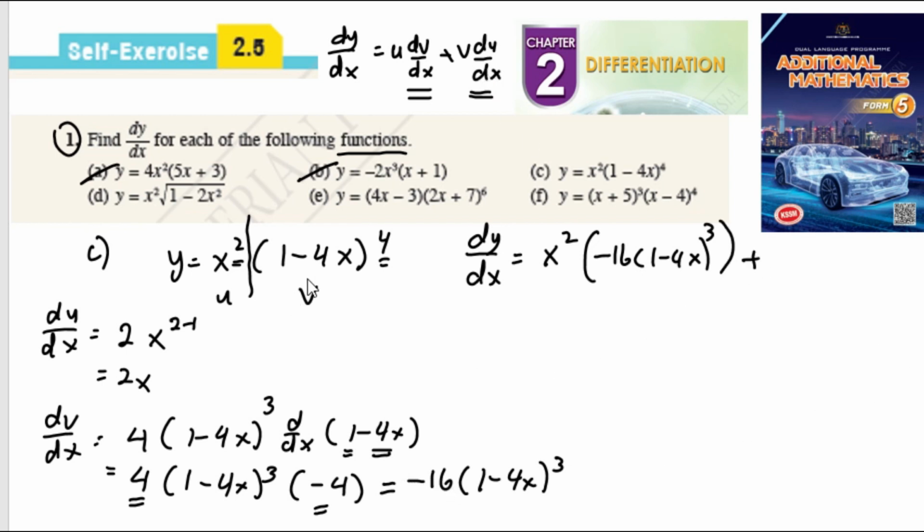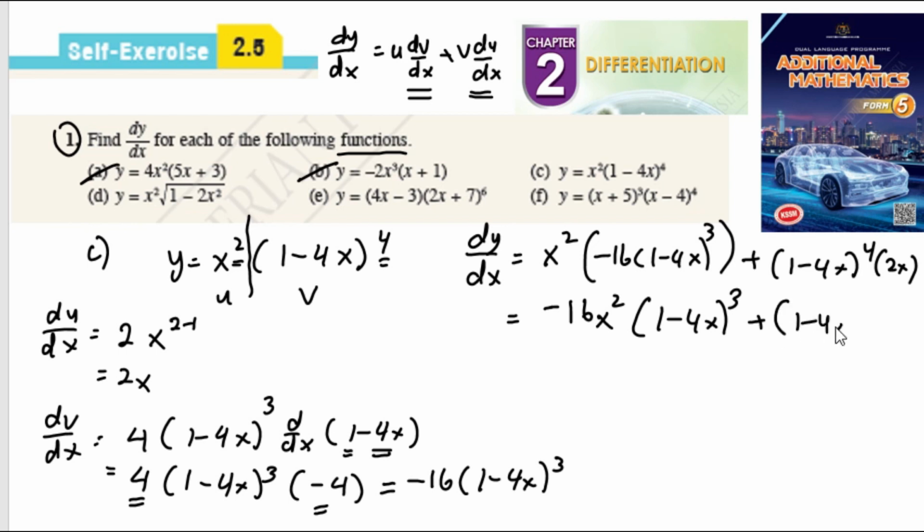Plus v, which is 1 minus 4x to the power of 4, times du over dx, which is 2x. So x and negative 16 outside can be multiplied, so you get negative 16x squared times 1 minus 4x to the power of 3, plus 1 minus 4x to the power of 4 times 2x.